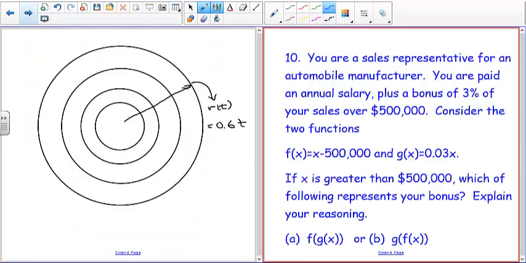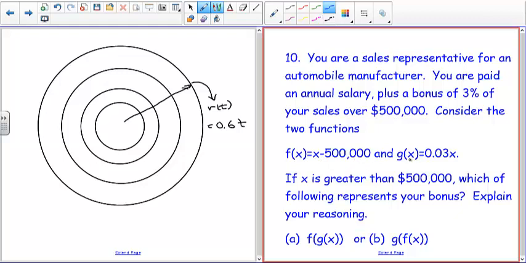And the final one: you're a sales representative for an automobile manufacturer. You're paid an annual salary plus a bonus of 3% of your sales over $500,000. Consider the two functions. So x minus 500,000 is your sales over $500,000.